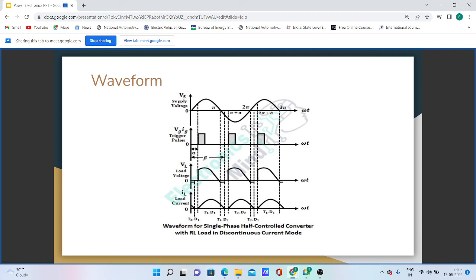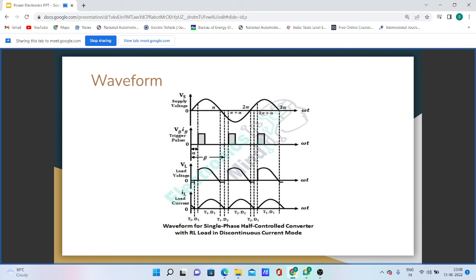The self-inductance voltage will bring on the diode D2, which is connected in series with SCR T1. Now D1 gets turned off, and in this mode, pi to pi plus alpha, D1 and D2 conduct. Due to conduction of D1 and D2, the load is short circuited and the load voltage becomes zero. This mode of operation is called freewheeling mode of operation.